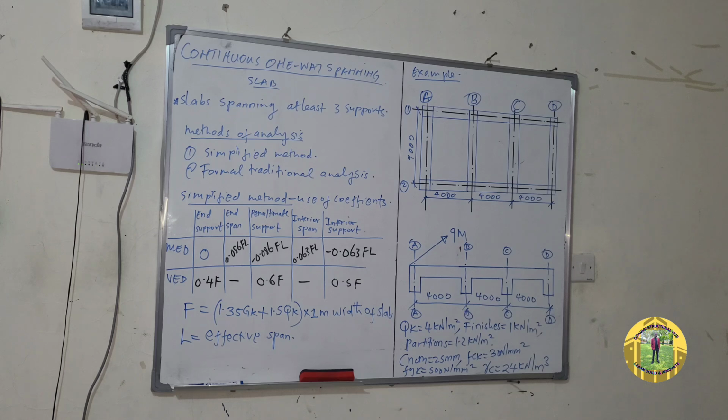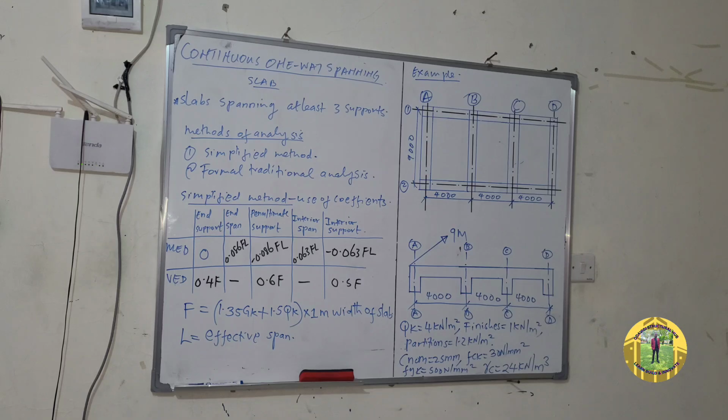And today we resume from where we left, and the session for today is all about continuous one-way spanning slab to Eurocode 2. As you can see on the board, we want to tackle continuous one-way spanning slab.